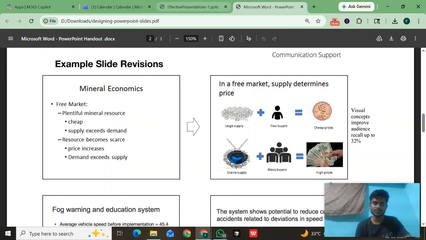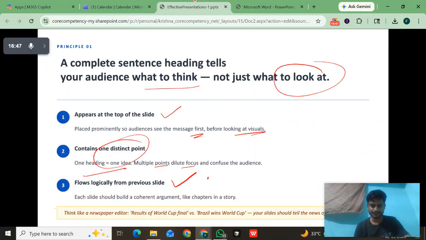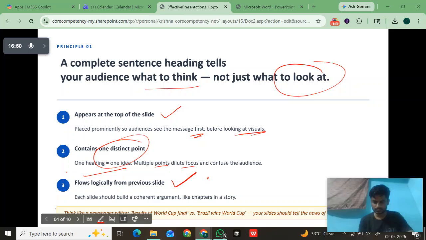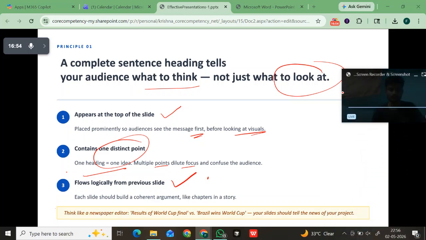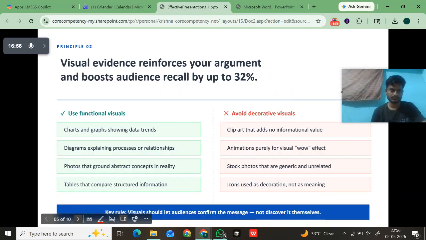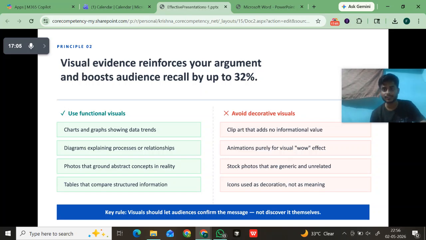Now let's look at our PowerPoint again. Visual evidence reinforces your argument and boosts audience recall by 32%.